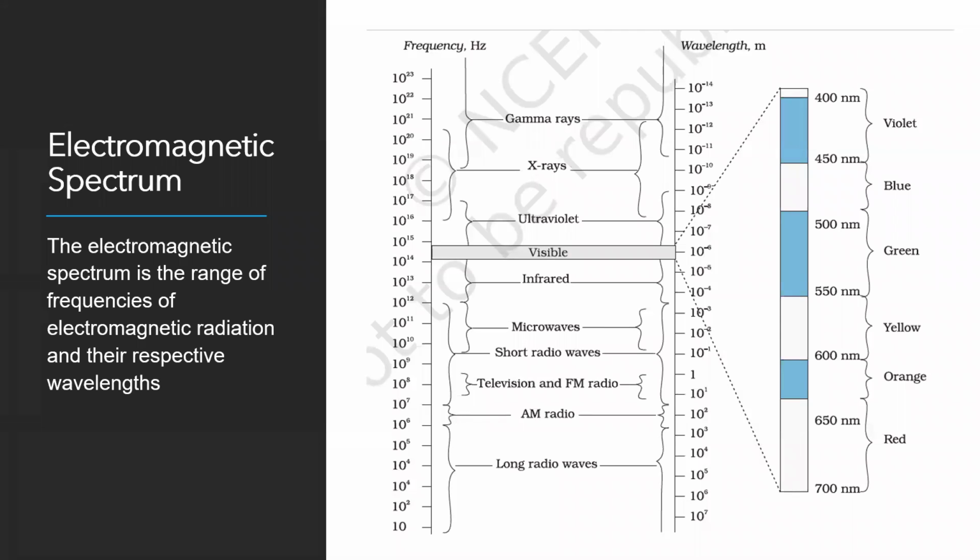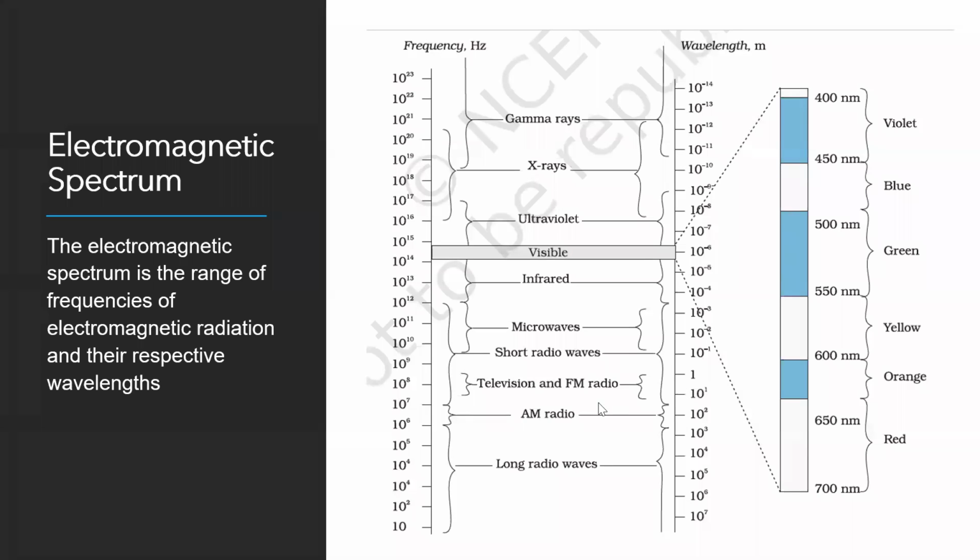I have also seen some questions where they ask, like, which is the radiation which has a frequency of 10 raised to 16 hertz? Can you tell me which wave has frequency 10 raised to 16 hertz? Ultraviolet. So roughly you have to learn the numbers, frequency and wavelength, for these waves.